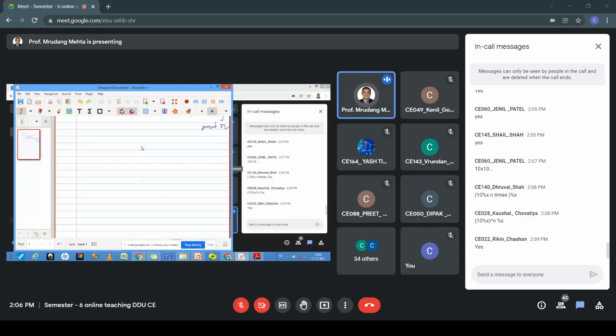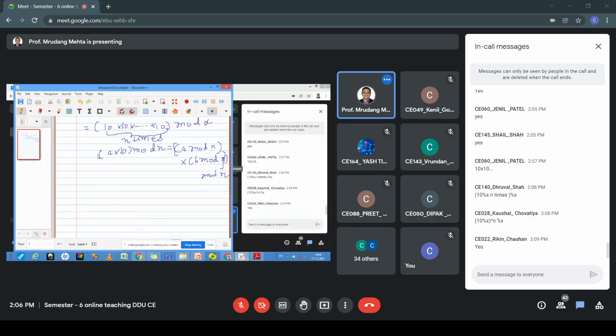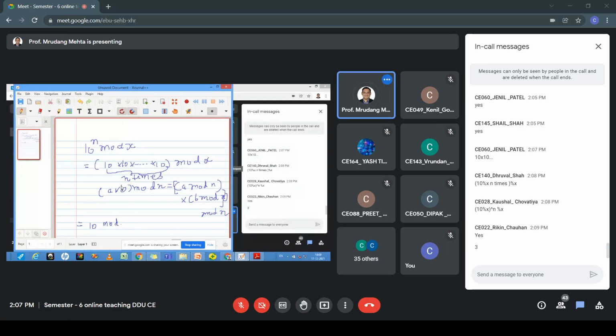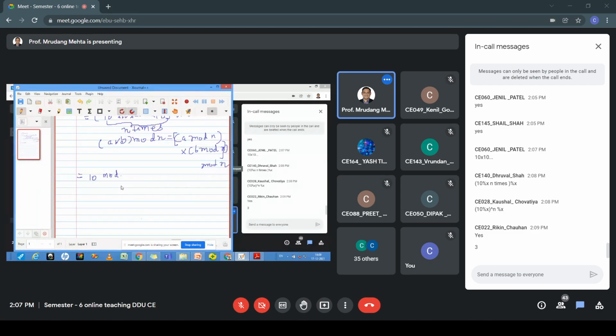So try to simplify it. What will you write here then? So you can write 10 mod x. What is our x? So let's take x. Okay, 10 mod x.